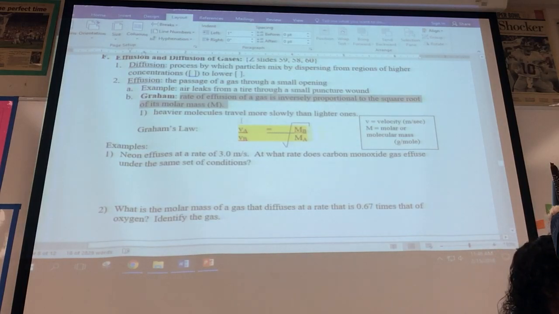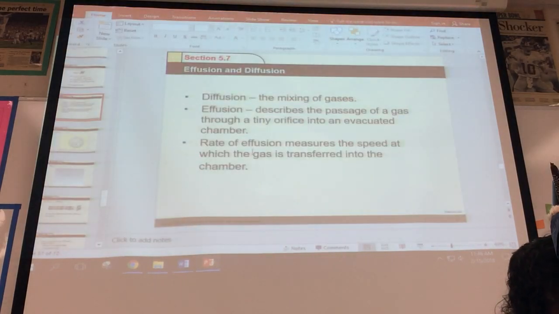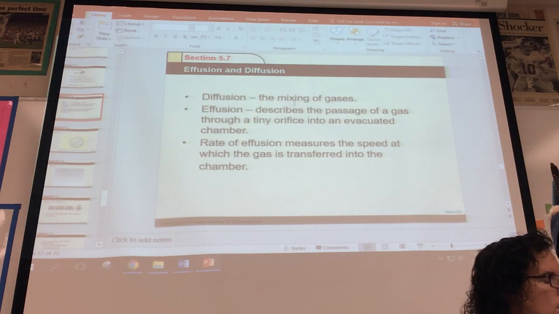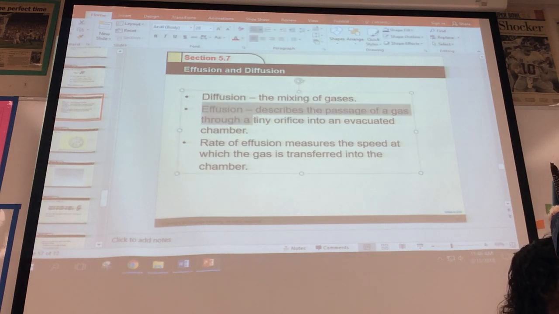The math here is a little tricky. We'll move through it very carefully. Again, diffusion is the movement of gases down a concentration gradient. Effusion describes the passage of a gas through a tiny orifice or hole. The rate of effusion measures the speed at which the gas is transferred from one area to another.